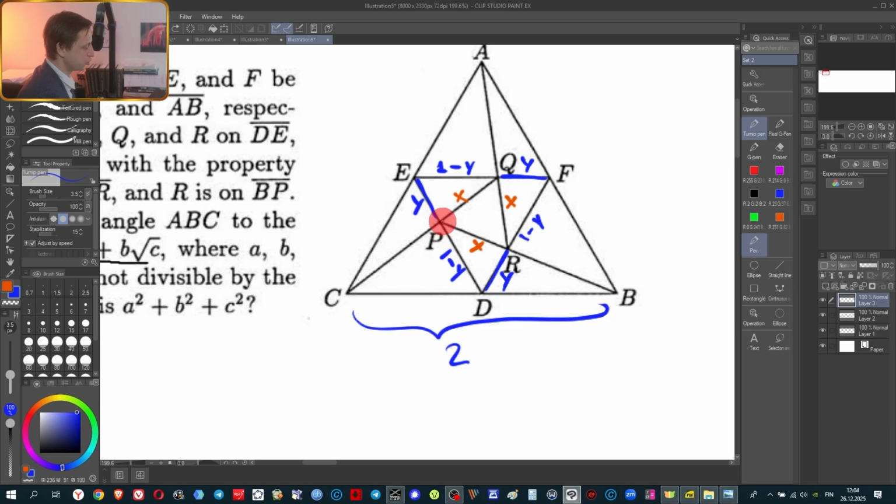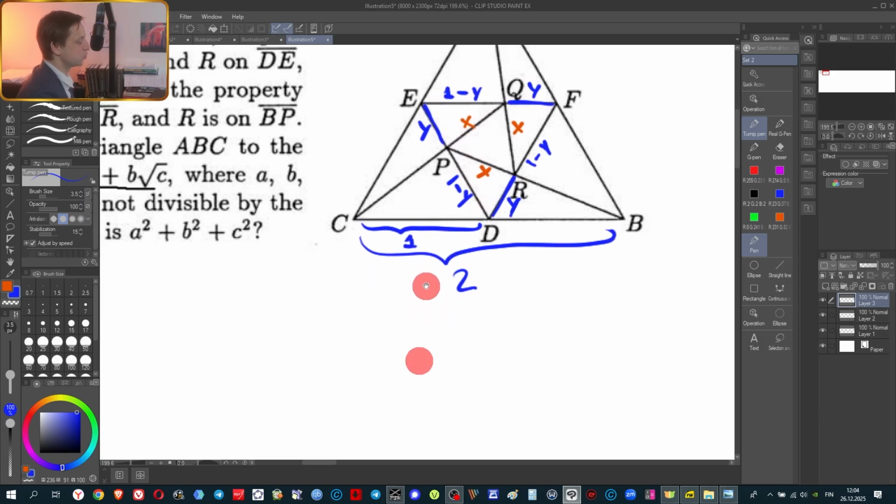What's better to do is to write similarity of this triangle and this triangle. You see, this line is parallel to this line, and these triangles have a lot of sides that are very useful for us. This CD is 1, and they have too many sides that are expressed through our variables. Probably we will get some useful information from it.